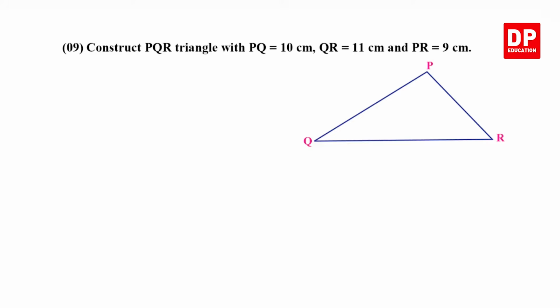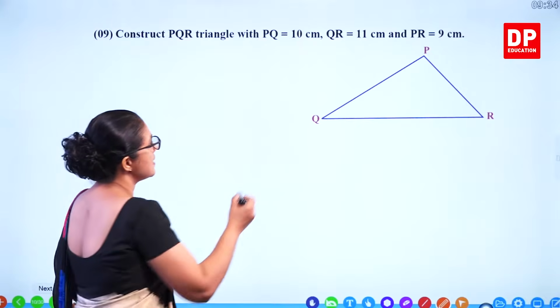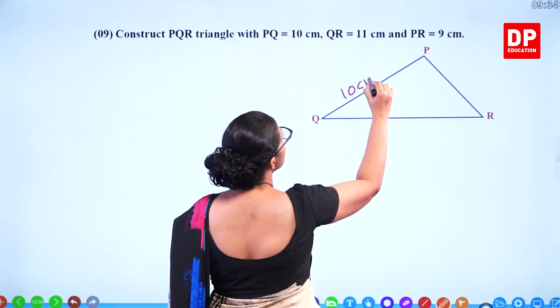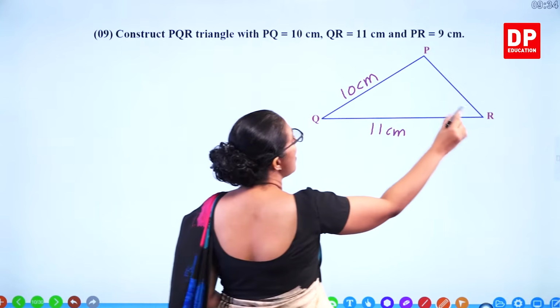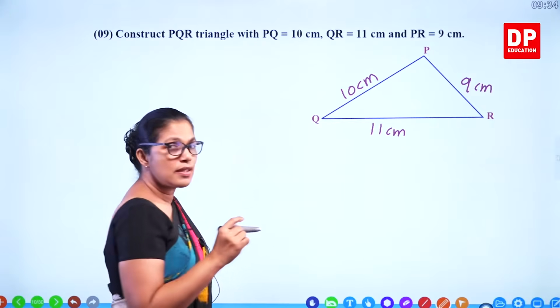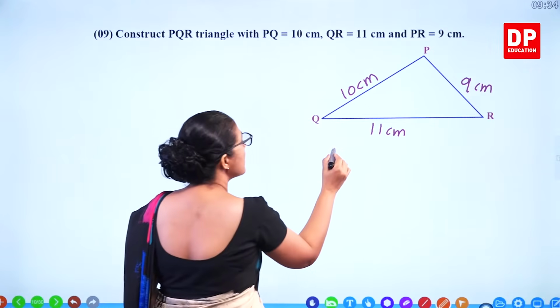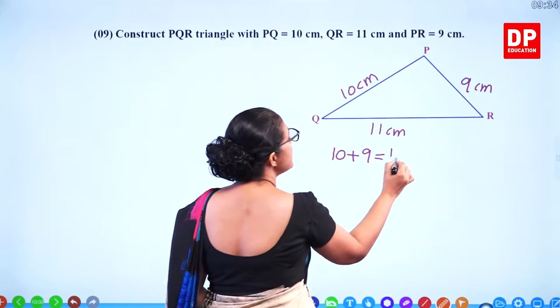Construct triangle PQR with PQ 10, QR 11 and PR 9. So we'll mark it: PQ 10 centimeters, QR 11 centimeters and PR 9 centimeters. Can we construct it? First of all you have to check, 10 plus 9, 19.